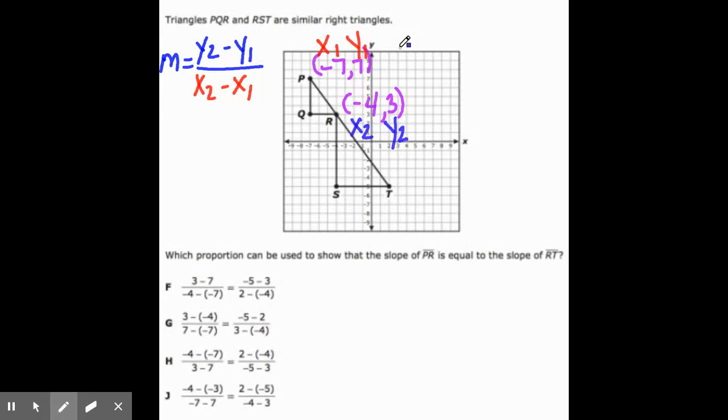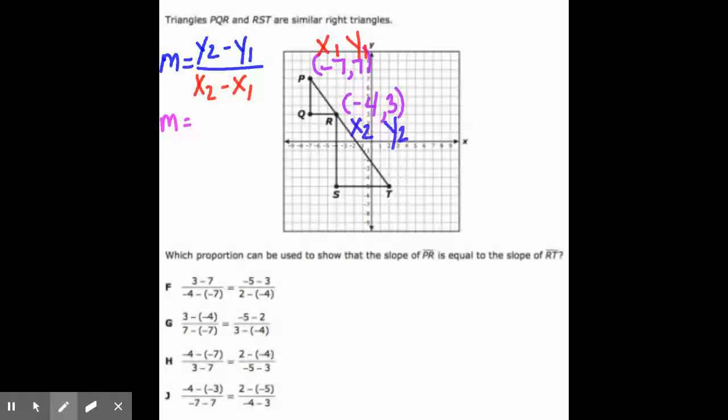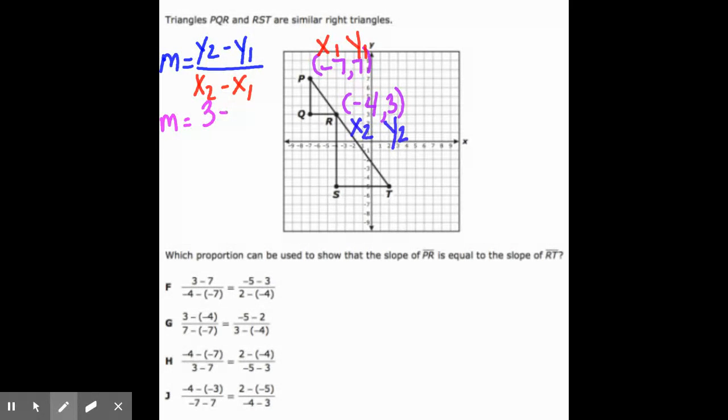Remember, our labels tell us exactly where we're going to be substituting our numbers into our formula. Now, looking at our formula, let's go ahead and substitute these values in and see if they're going to match any of these. All right, so we have Y2 equals 3 minus Y1, which is 7, over -4 minus -7.